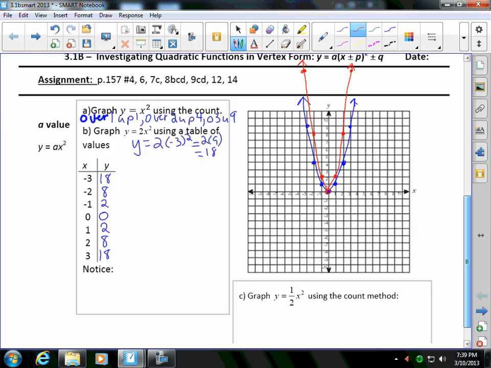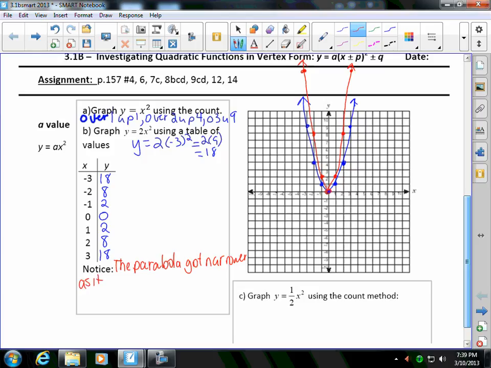And what do we notice between the two parabolas? Well, the parabola with the 2 in front of it has gotten visibly narrower than the one that just had a value of 1 in front of it. So we notice that the parabola got narrower as it moved upward.